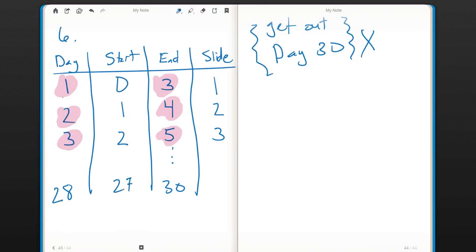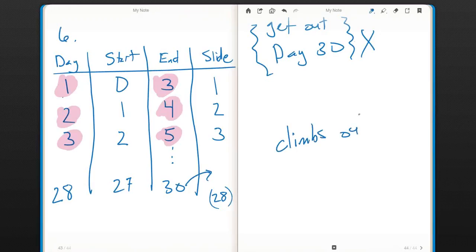You start 1 less, you end at 30. Now he would slide back down to 28, except when you get to 30, he's going to climb out. So the correct answer is he climbs out on day 30. I'm sorry, on day 28. Some sort of an organized chart that finds the patterns is going to be the way to solve that.